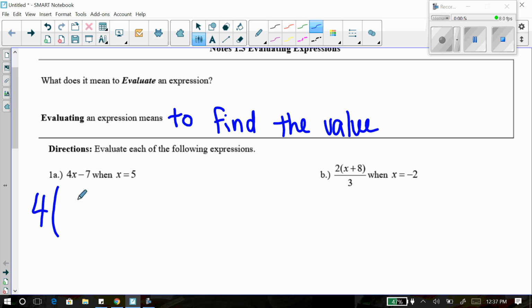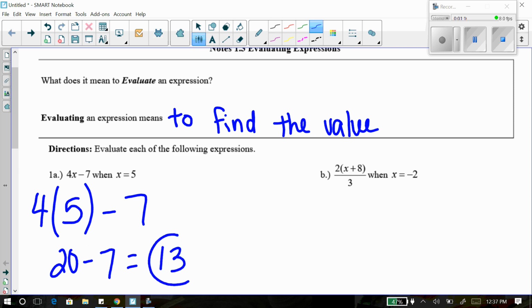So what is 4 times 5 minus 7? Well, we use order of operations, so we'll do our multiplication before our subtraction, and we'll get 13. So all evaluating expressions means is, they're going to give you a value for the variable, you substitute it in, and then you solve.